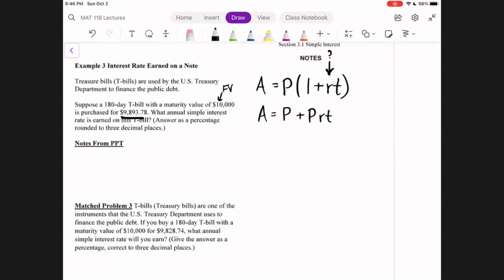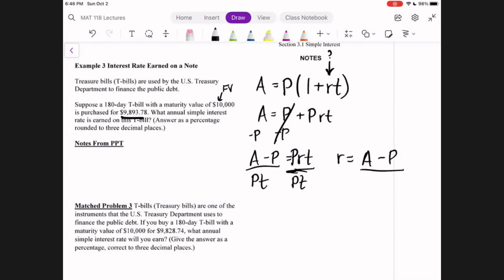Then if I subtract over this first P, I get A minus P equals PRT, and then divide by PT. Then I get that your R would equal A minus P over PT, which is perfectly fine to do, and for your project, I do stress this. We could do it this way just to see how it works.